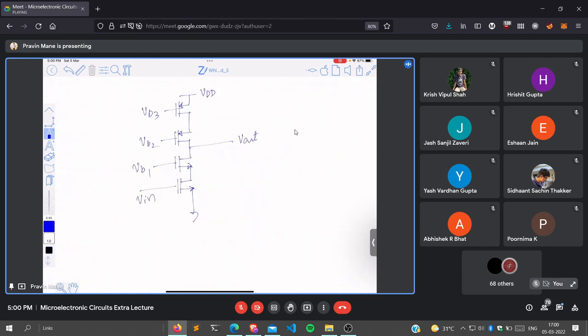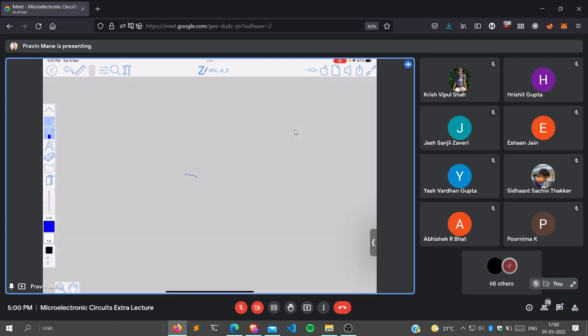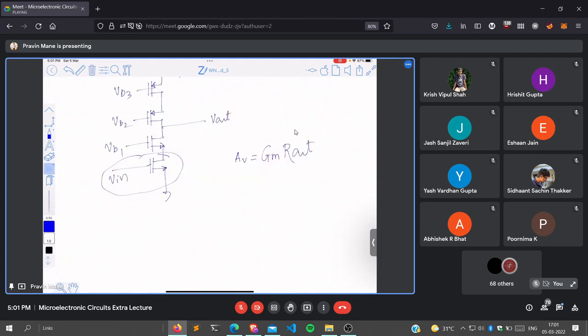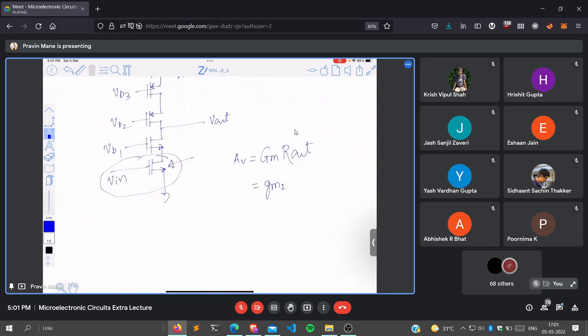So the gain AV is capital GM into R out. Now when the input device in cascode configuration is close to ground, capital GM becomes approximately equal to what? Capital GM is approximately equal to GM of the input device, GM1, the GM of this device.